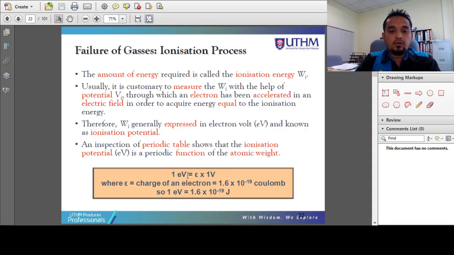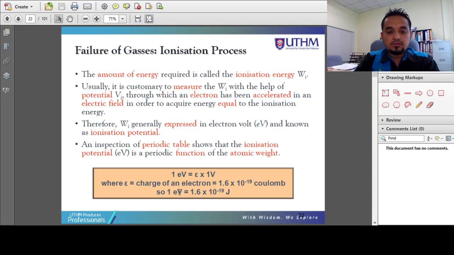So 1 electron volt is equivalent to the charge of an electron times the voltage applied, or the potential difference within the material. For example, 1 electron volt is equivalent to the charge of an electron, which is 1.6 times 10 to the minus 19 coulomb, the unit of charge being the coulomb, times 1 volt.